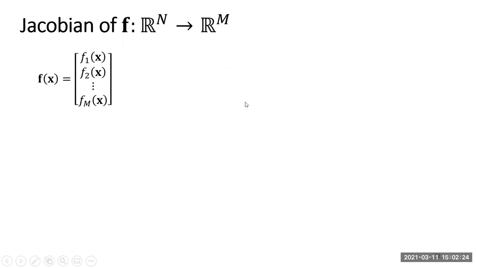That's why I have this bold f. There are m scalar components of the vector, f1, f2, until fm. That's why it's a mapping from n-dimensional space to m-dimensional space. Okay, how do we define the derivative of this vector function?